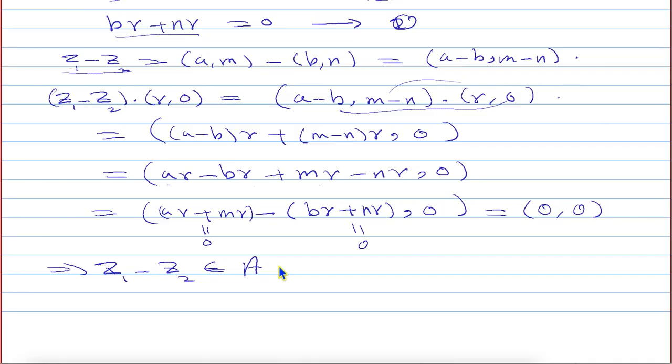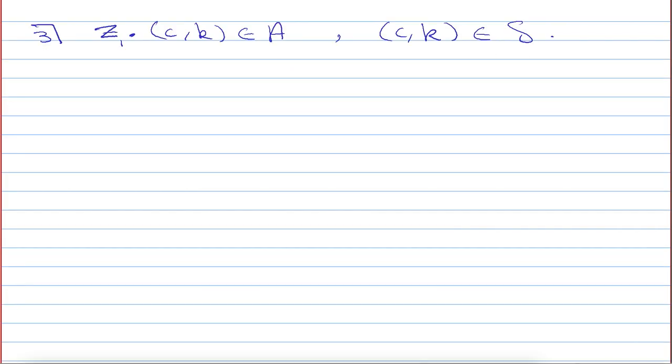Now we check the third requirement, which is multiplication by elements from S. Okay, so what we want is Z1 dot any element from S, let's say (C, K), to be in A, where of course (C, K) is just a random element in S. So let's verify this.